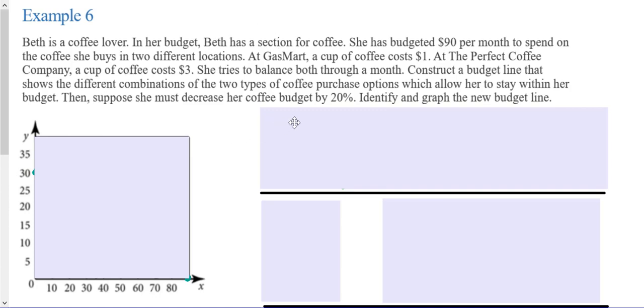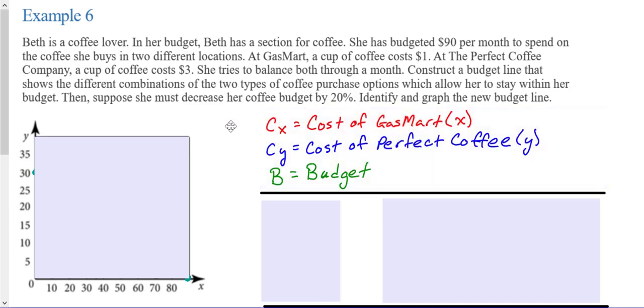So the first thing we're going to do is identify variables. So C sub X is going to be the cost of Gas Mart coffee. Okay, so the Gas Mart coffee is going to be represented by the variable X. C sub Y is going to be the Perfect Coffee Company.